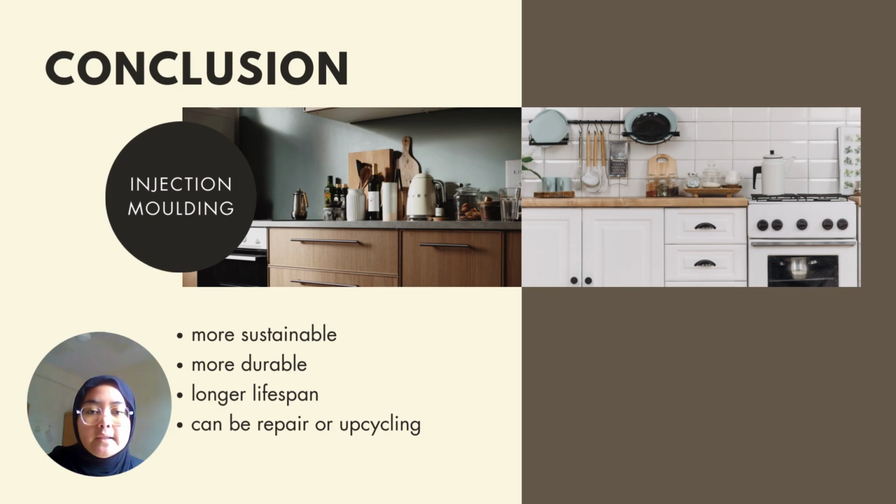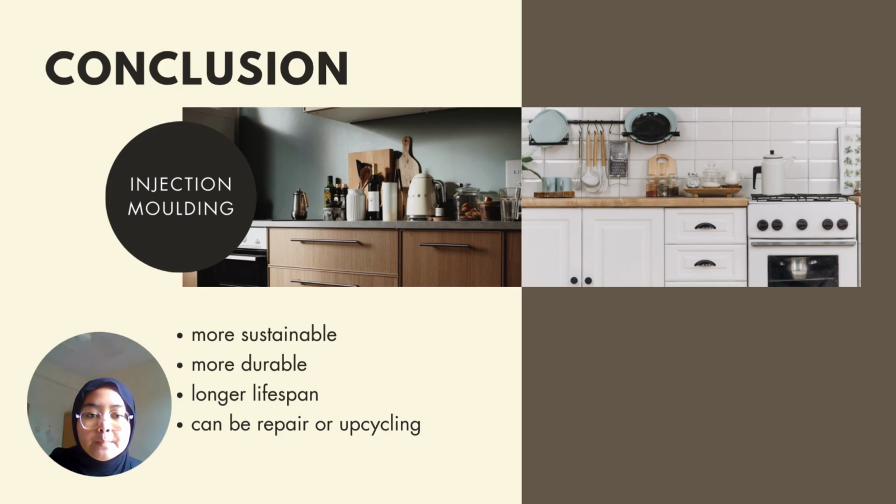Based on the factors discussed and the comparison made of the pros and cons, it is decided that injection molding is the best process in manufacturing plastic chairs. It is because of the ability of the injection molding method to increase longevity and decrease the frequency of chair replacements.